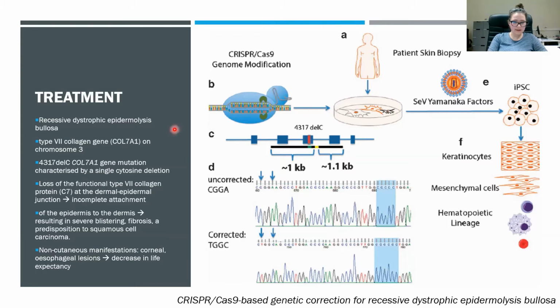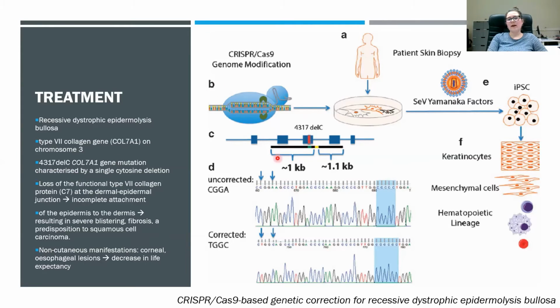One example that I found is for treatment of type 7 collagen gene mutation, and this is recessive dystrophic epidermolysis bullosa, the name of the disease.